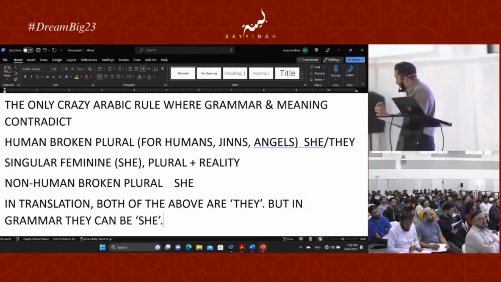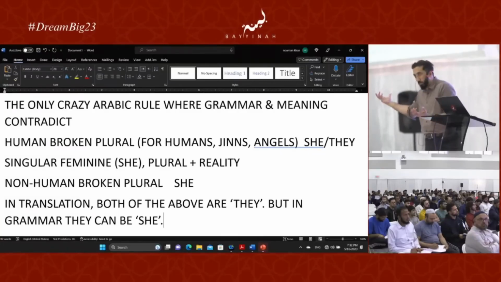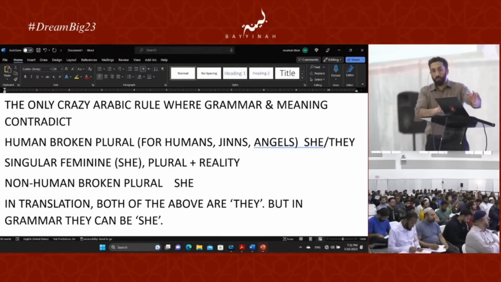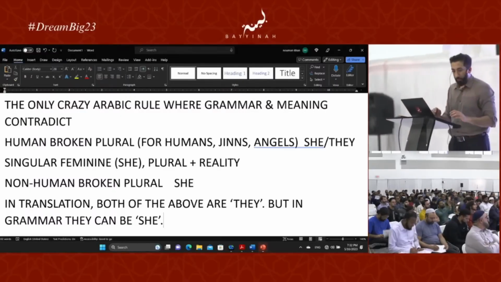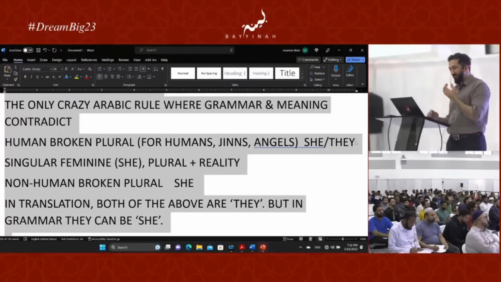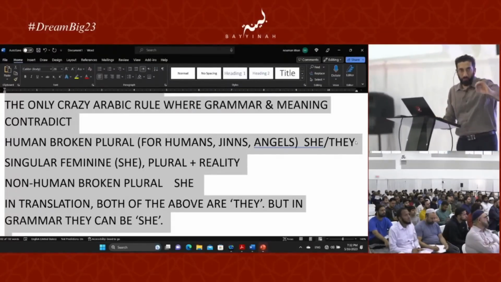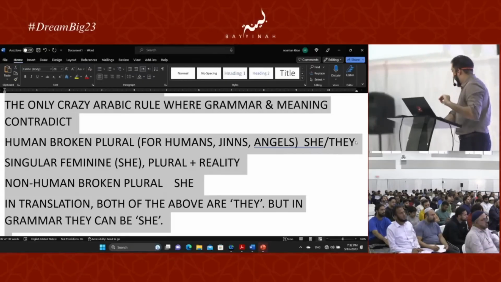Meaning the grammar does not affect the translation. The translation is not going to say she. The translation is going to say they. That's why this is a confusing rule. So that's a quick recap of broken plurals. Was this helpful? These are some of the hard parts, the pain points of what we've done so far.